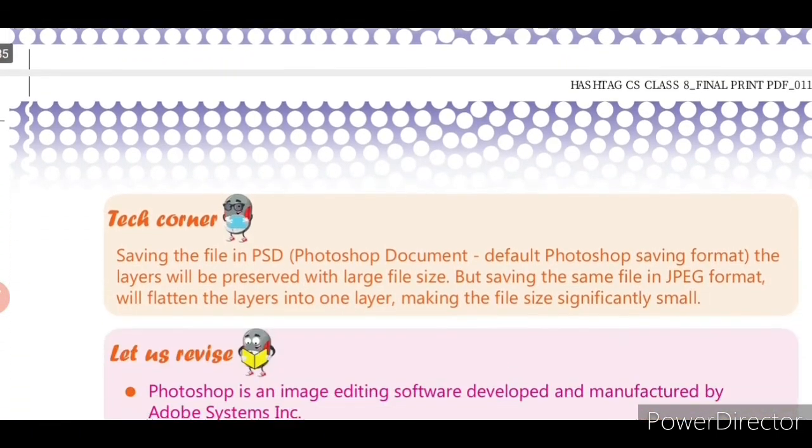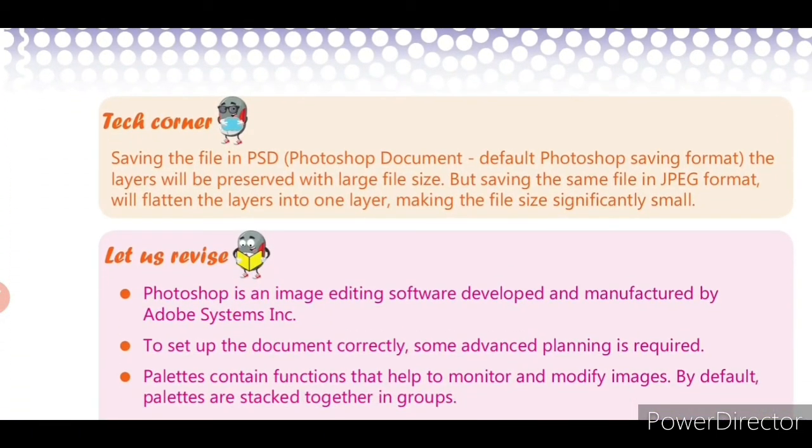Okay, so see this check corner: saving the file in PSD, the default Photoshop saving format, the layers will be preserved with a large file size, but saving the same file in JPEG format will flatten the layers into one layer, making the file size significantly small. What do you mean by this? If we save the file in Adobe Photoshop, it will be saved with the extension PSD.